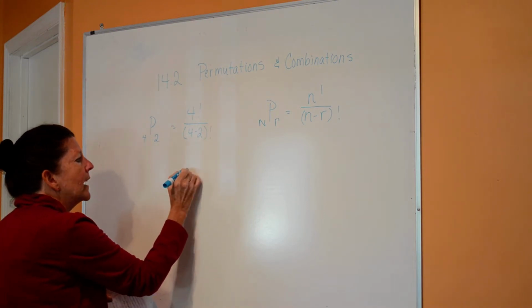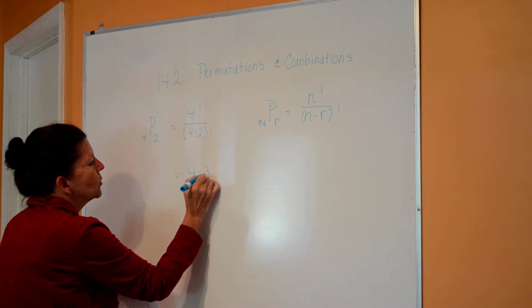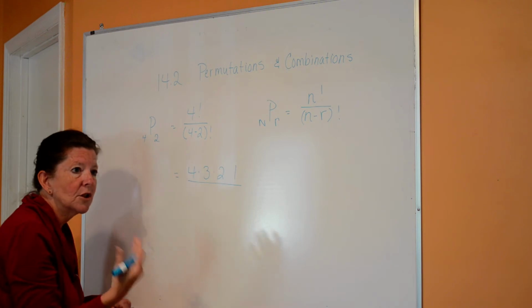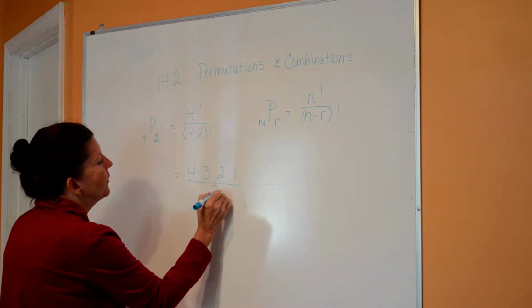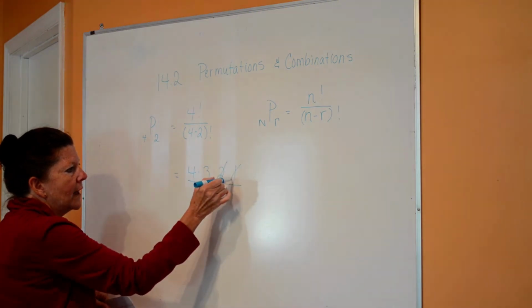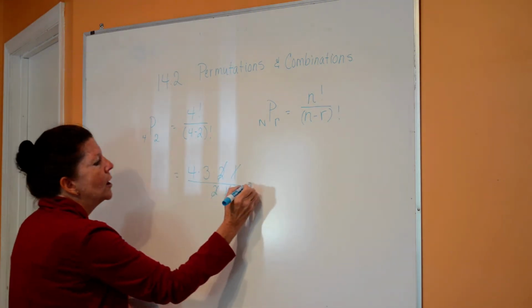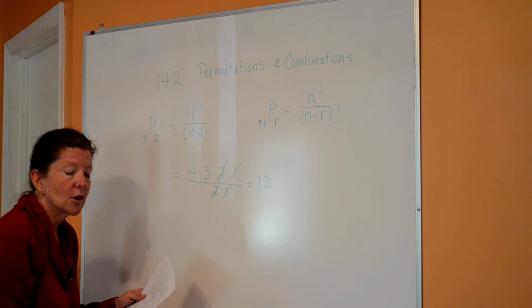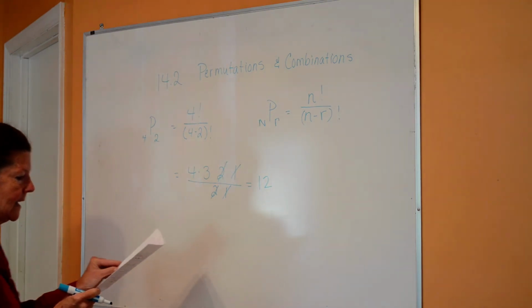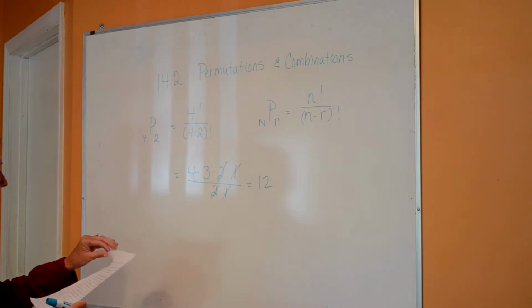Well, remember what the factorial means: 4 times 3 times 2 times 1. 4 minus 2 is 2, so 2 factorial is 2 times 1. So the only thing I have to worry about is that 12. So that is the permutation of 4 things taken 2 at a time.